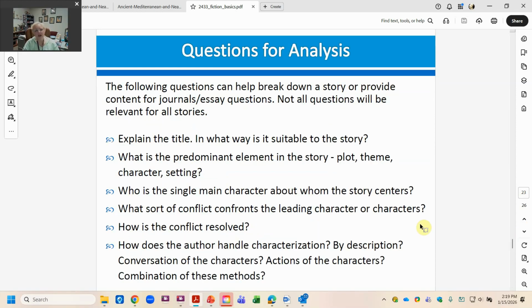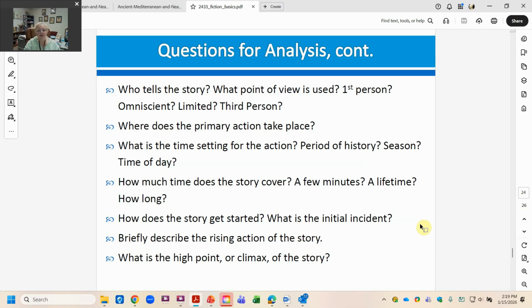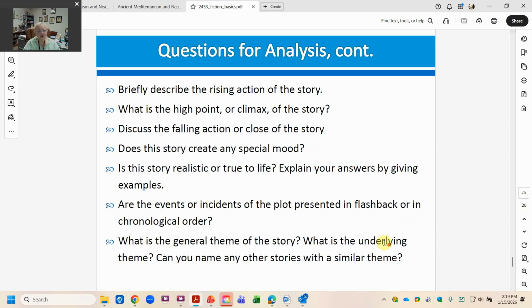The last part of this PowerPoint that you'll find are questions for analyses, and I'm not going to go over these individually, just to know that if you really want a place to help start your analysis, these questions can help you use the elements that we talked about and show you how you question a story about that, right? How is the conflict resolved? Where does the primary action take place?